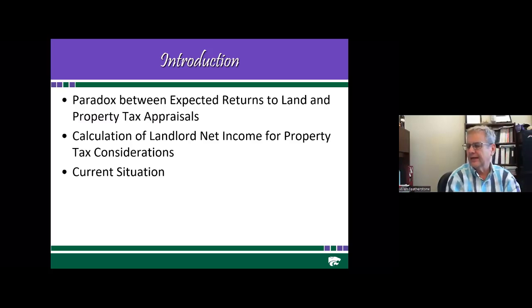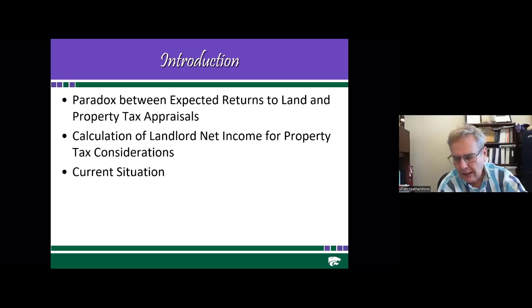The second is how the landlord net income is calculated for property tax considerations. This is determined by statute and by directive from the property value division. And so we'll go into that. And then we'll talk a little bit about the current situation and maybe where we are moving forward.